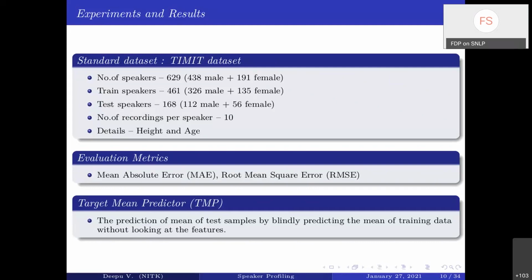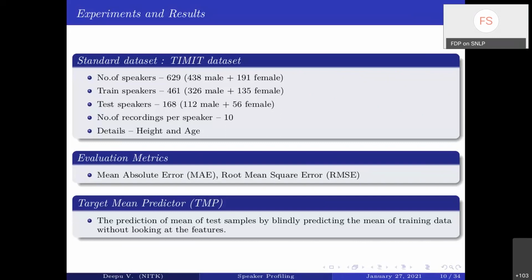One is about the evaluation metrics. We can't estimate accuracy like in the case of a classification task. For example, you can say you are predicting images of cat and dog. If a cat is predicted as cat, you will count it as correct, and otherwise incorrect. There is nothing like correct and incorrect here, right?